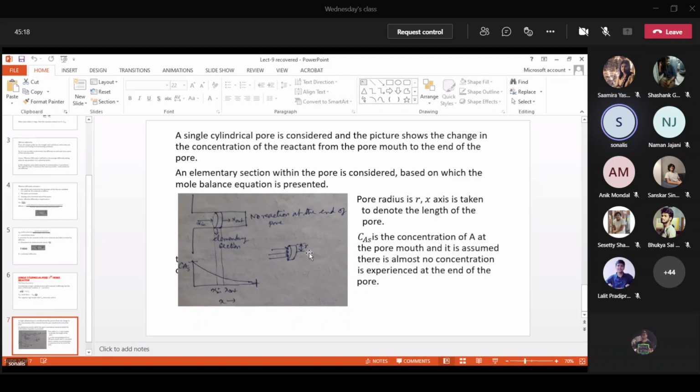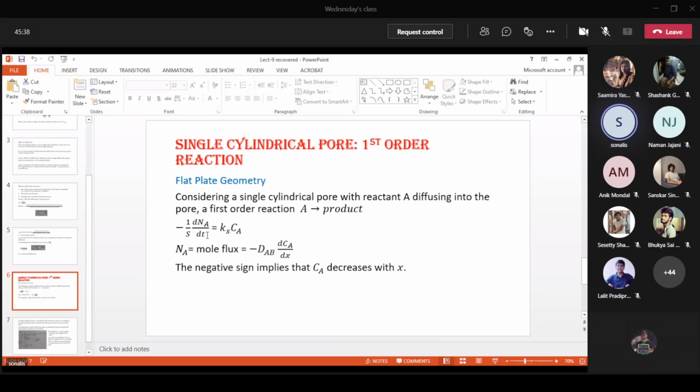How do we write it? Minus 1 by S dNA by dt is equal to Ks into CA. S is the area of the pore and NA is the moles of A reacting. dNA by dt is the rate of the reaction. This is, as a whole, the rate of the reaction based on the pore surface, equal to Ks, the rate constant of the reaction on the pore surface, into CA.